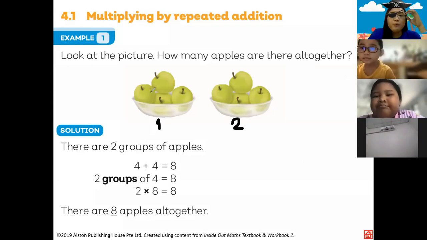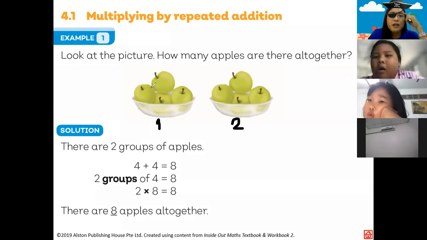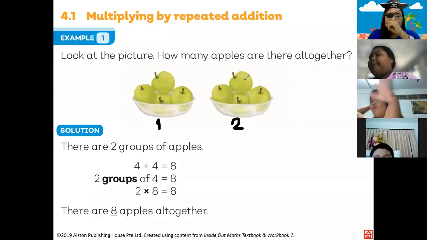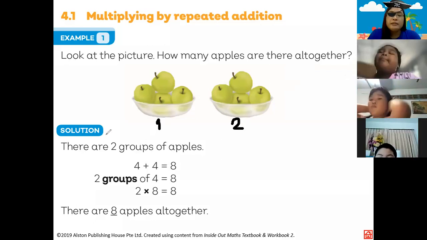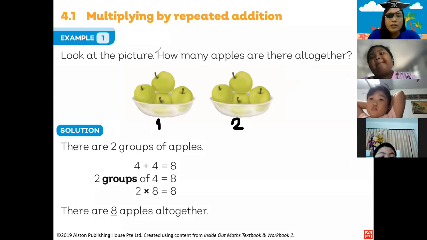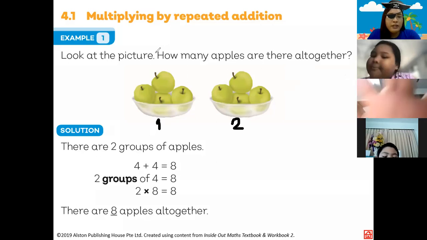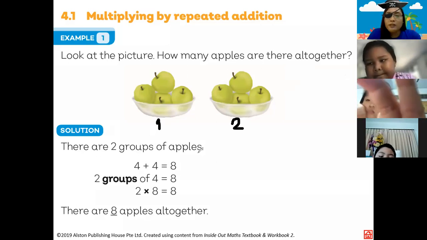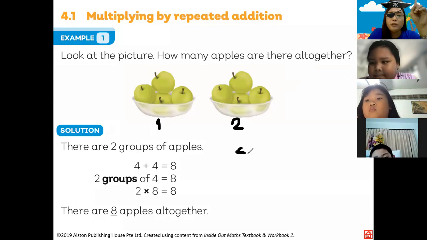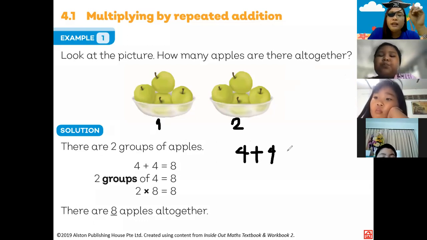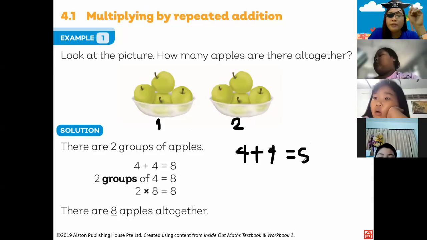In group 1, there are how many apples? 4 apples. And in group 2, how many apples? 4. All right, so we're going to multiply by repeated addition, okay? So class, if we are going to add, that's 4 plus 4 equals 8, okay?